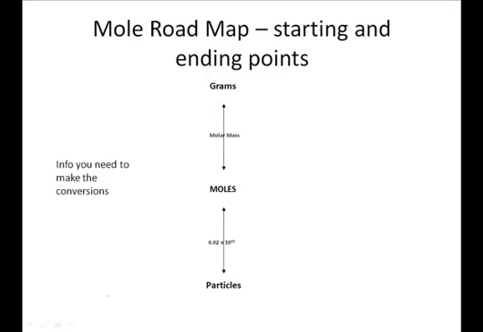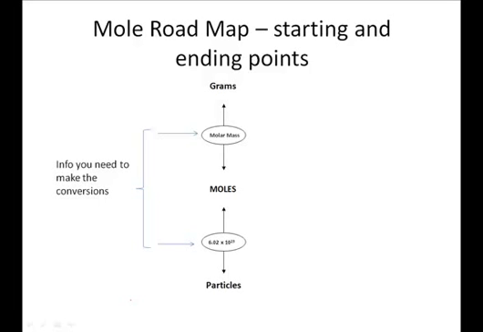There's a roadmap that will help you out in determining where your starting and ending points are when solving problems. Information you need in order to make these conversions are the molar mass and Avogadro's number.